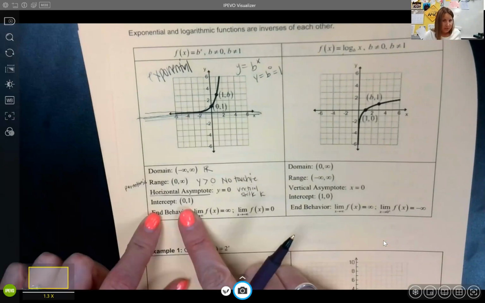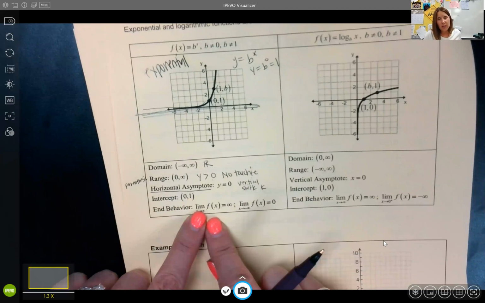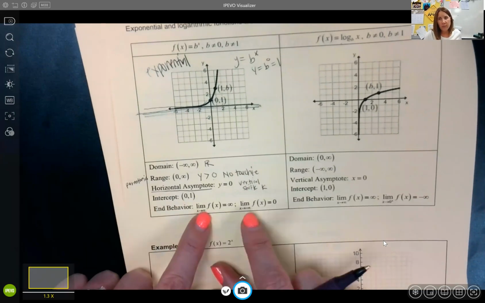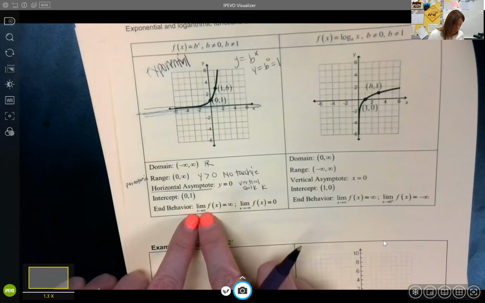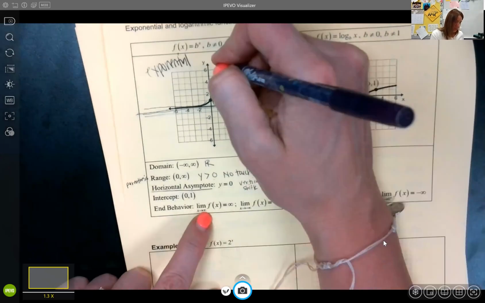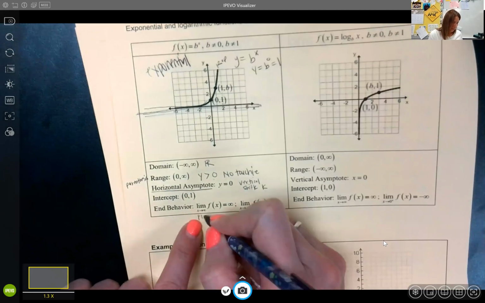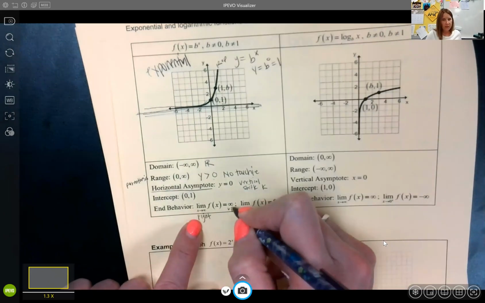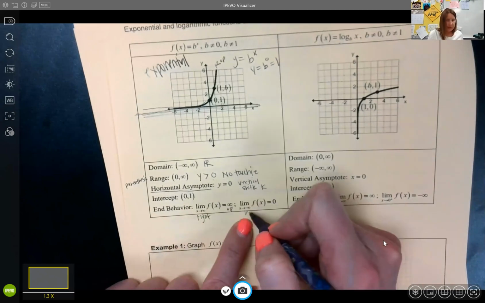The intercept is (0, 1) on the parent function, and then the end behavior. This is going to tell me what the graph is doing on the right and the left. On the right side of the graph, the right leg is going up. So the right is up, and then the left is 0.